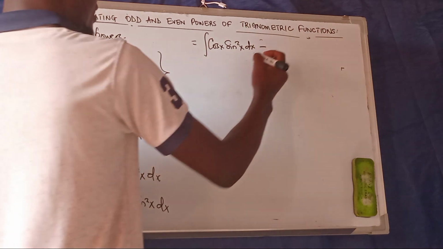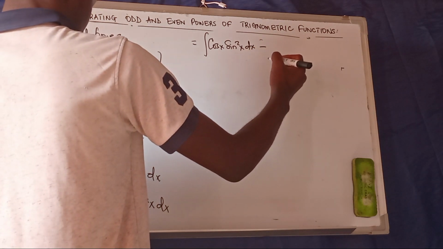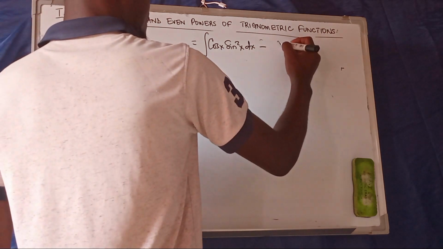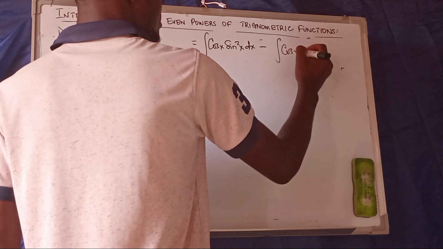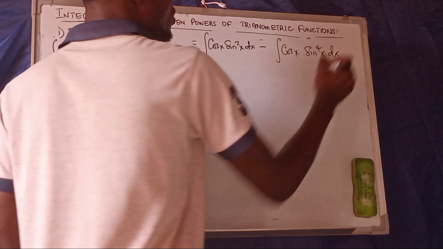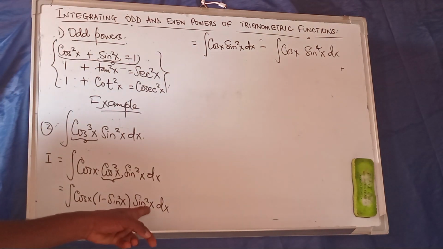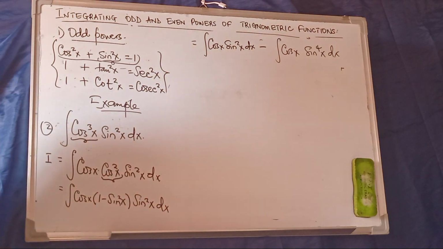So we have minus the integral of cos x, then sine power 4x dx. I hope you see that this one is multiplied here and this one. We are just opening brackets and expanding.